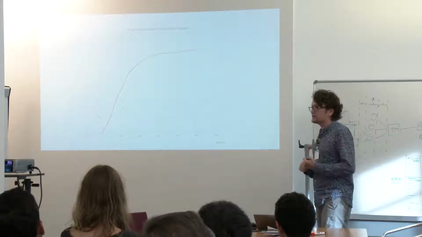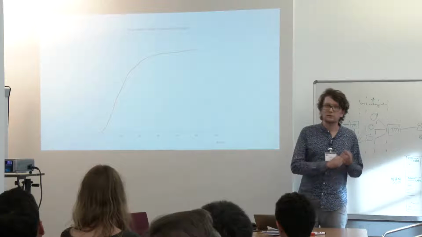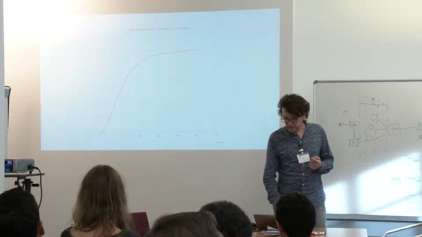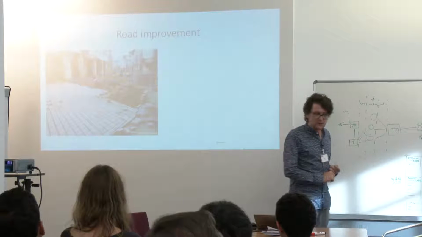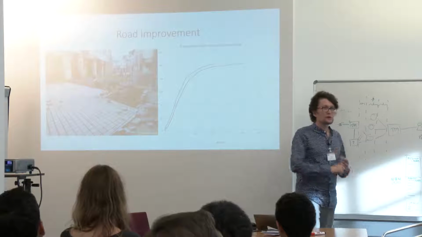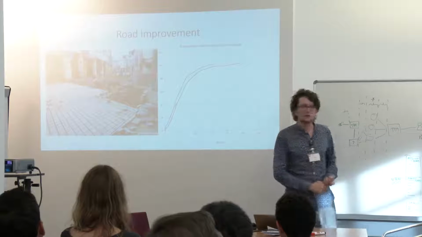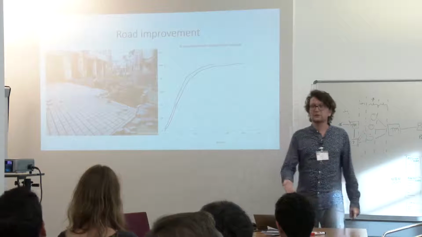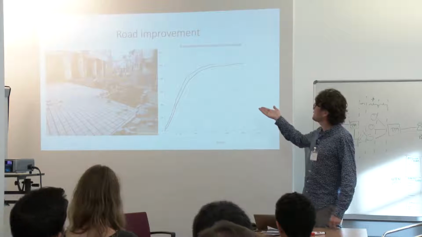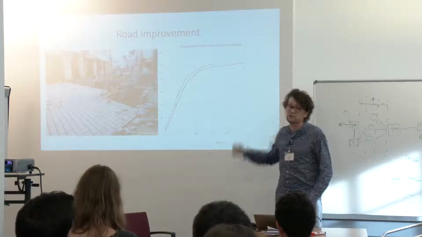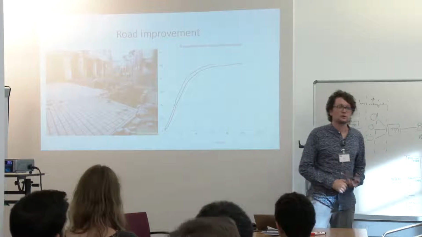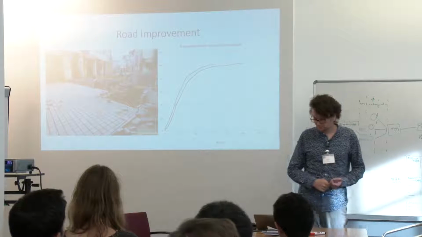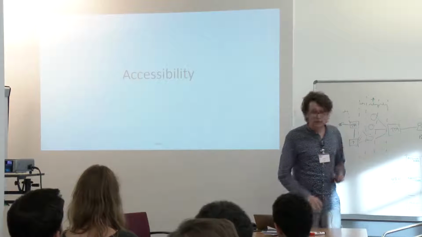And we're doing this because we want to know the impact of road improvement. So if we improve a road, what gain does the population get? For this particular scenario, it will be 60% of the population who can reach the hospital within 20 minutes. So that's what I mean by accessibility.